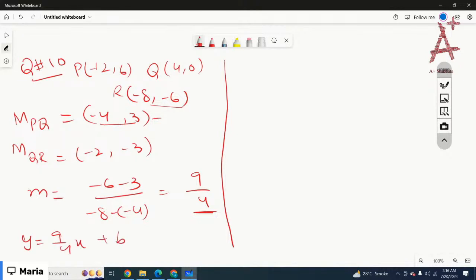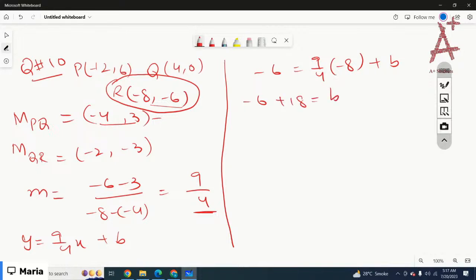We have to calculate b, so let's use the point R. It is -6 equals 9 over 4 times -8 plus b. 9 times -2 is -18, so it would be positive 18 here. 18 minus 6 is 12.